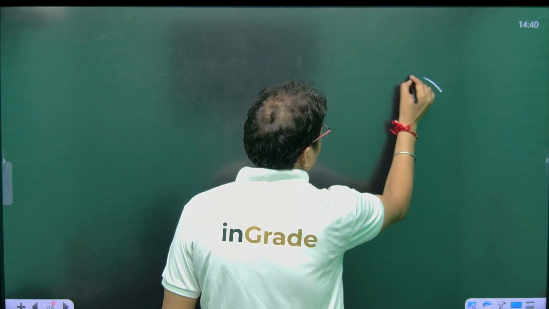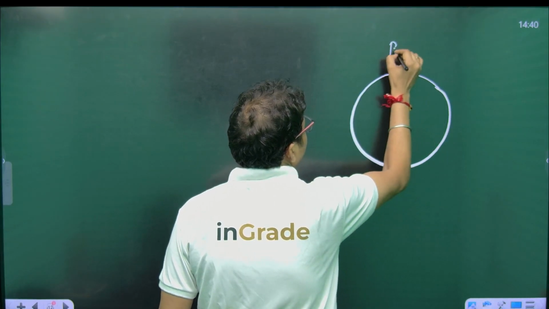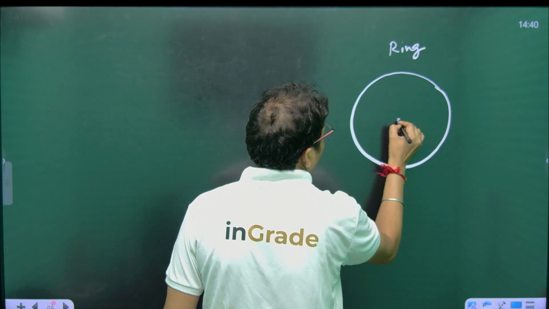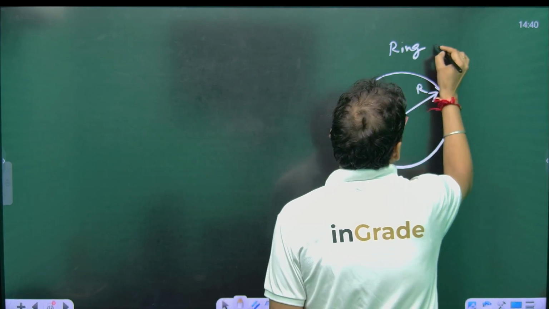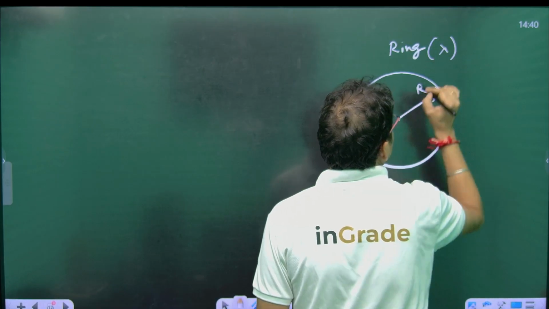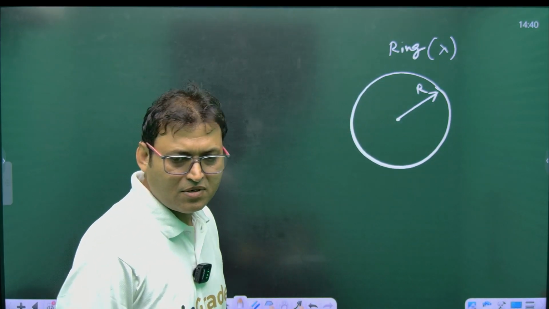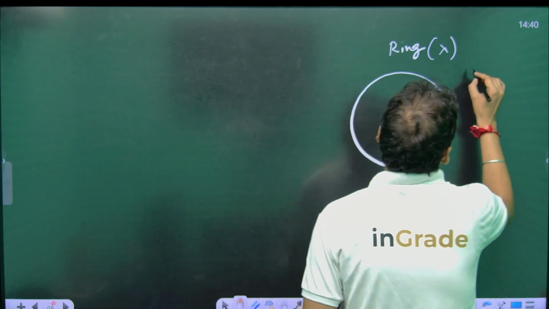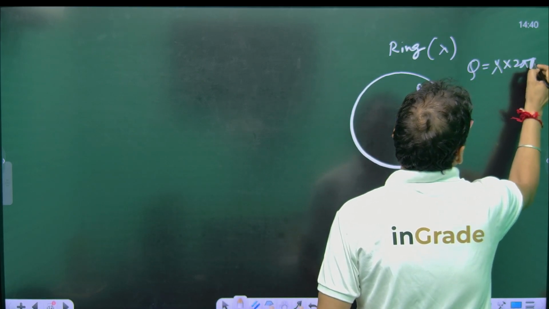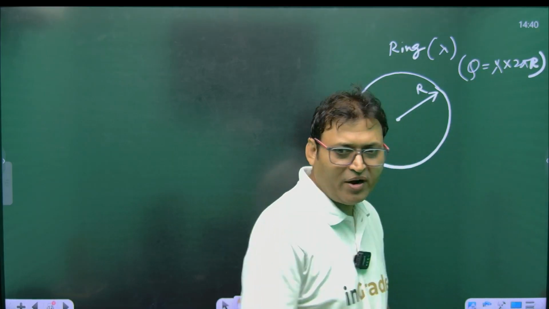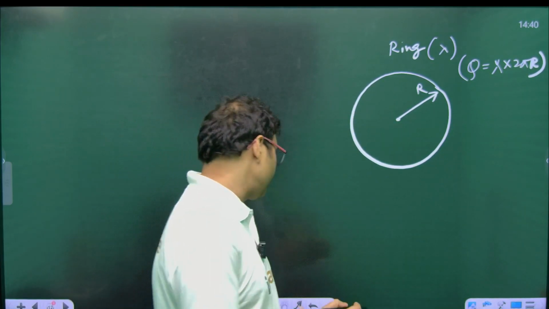Let us say there is a uniformly charged ring having the radius r, and the charge density is, let us say, lambda, or we can say the total charge is q. So q is equal to lambda into 2 pi r. A ring is a one-dimensional body, so the total charge is this.